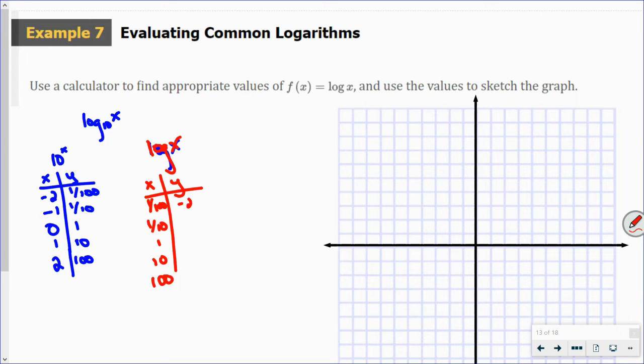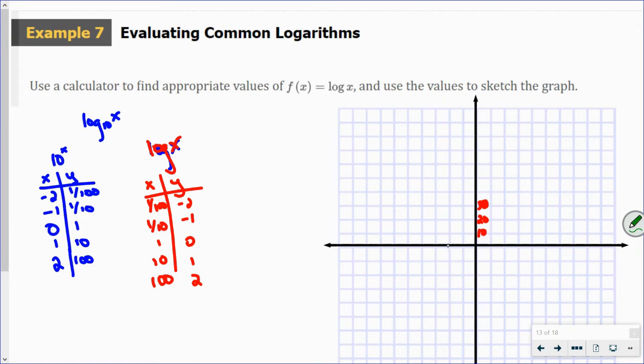Then you have -2, -1, 0, 1, and 2. And you can change your axes on how they go. All I ask is that if you change it, you start writing numbers, like 10, 20, 30. You write a scale here if you go by something else.